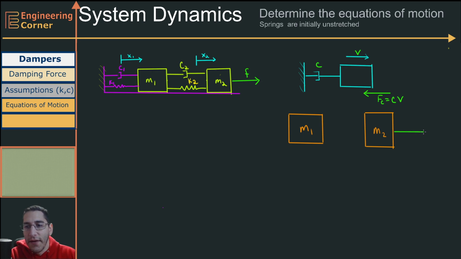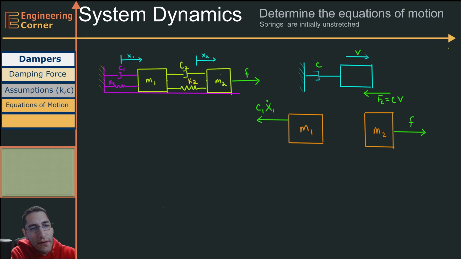So this force F is always going to be an applied force to the right. We're told that we're moving to the right, and that means my velocity right here is going to be moving this way. So this C1 is going to oppose that motion. So this is going to be equal to C1 times x1 dot, so its velocity.